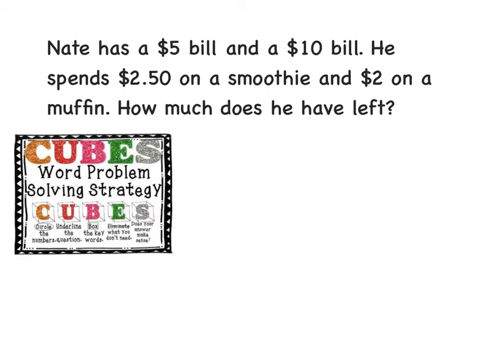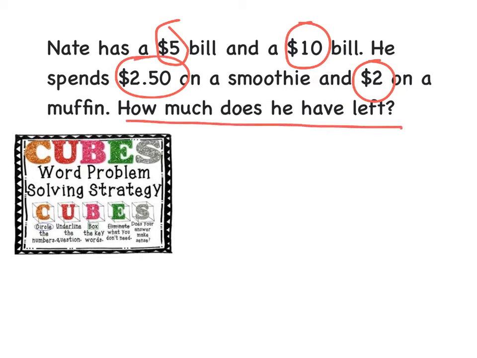We're going to look at one more problem together. Nate has a $5 bill and a $10 bill. He spends $2.50 on a smoothie and $2 on a muffin. How much does he have left? I'm going to circle my important numbers, underline my question, and box any important math words.